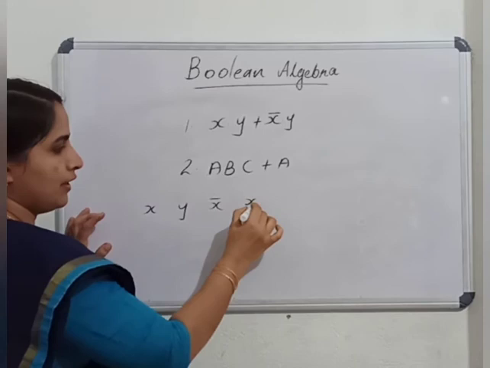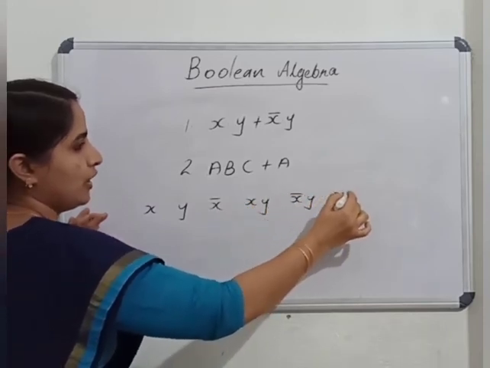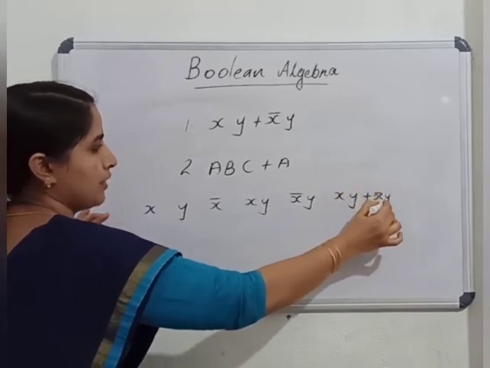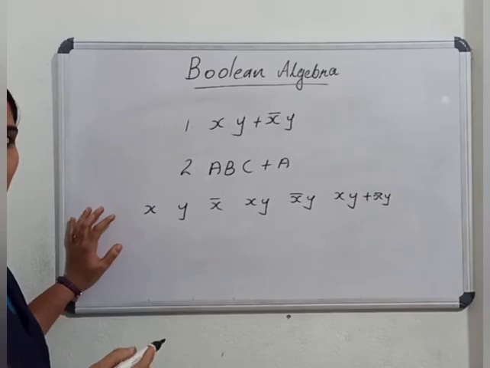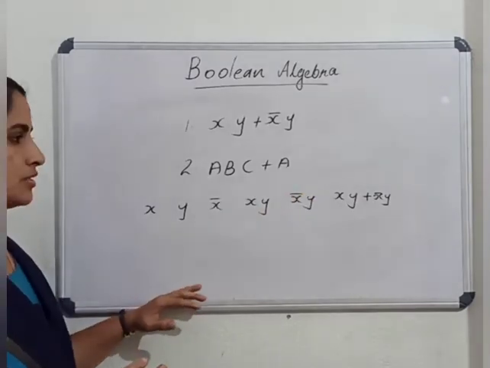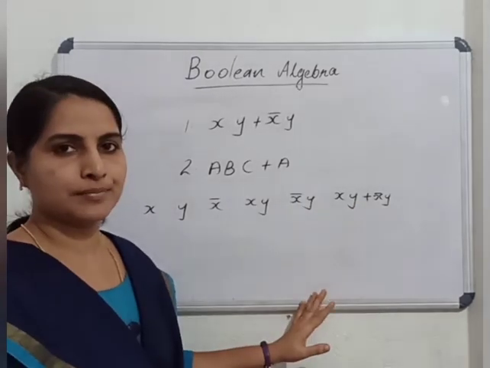And one for xy, one for x bar y and one for xy OR x bar y. Okay, write all the combinations, then you just draw the truth table for it.